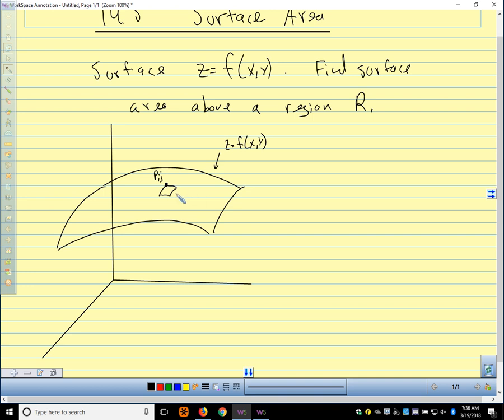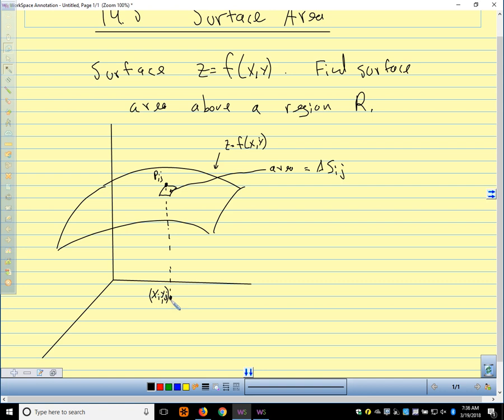And we're going to call the area of this delta S sub ij. And if we project this down into the xy plane, we have a point down here, x sub i, y sub j, down in the xy plane.